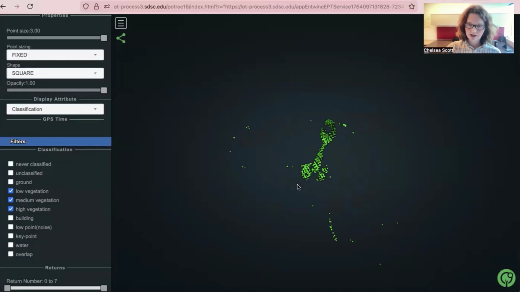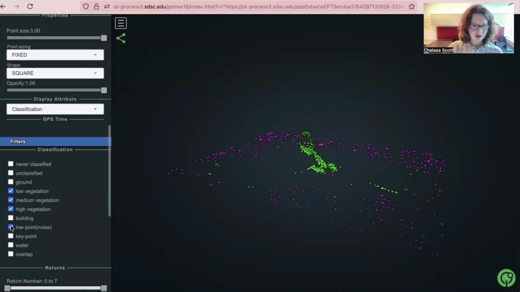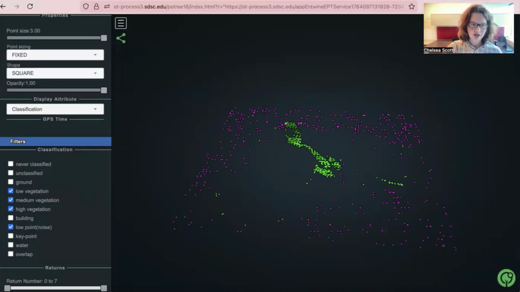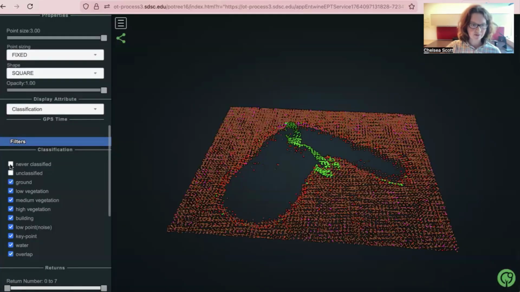Interestingly, the spoon and the cherry were classified as vegetation. And then the pink is the noise. So let's briefly turn on all the classifications again.